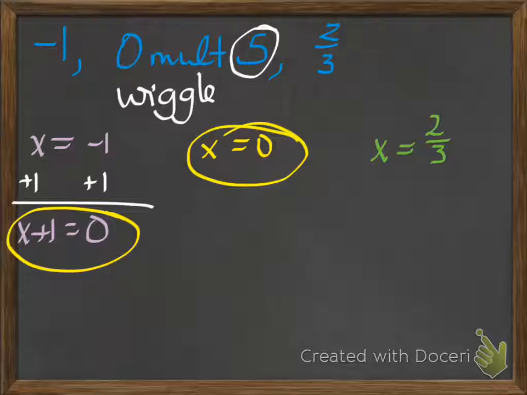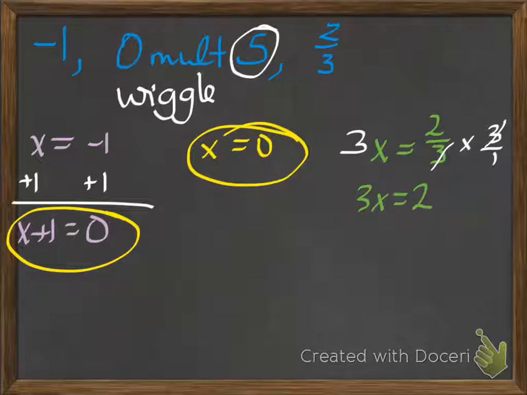When you have a fraction, there are two steps you'll have to take. Step 1 is going to multiply by your denominator. That basically cancels out that denominator from that side, giving us 3x is equal to 2.